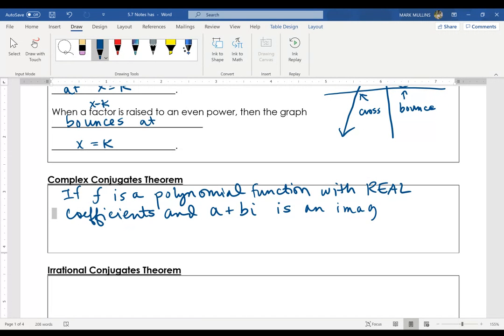It's a complex number. It has an imaginary part. Then a minus bi is also a zero.